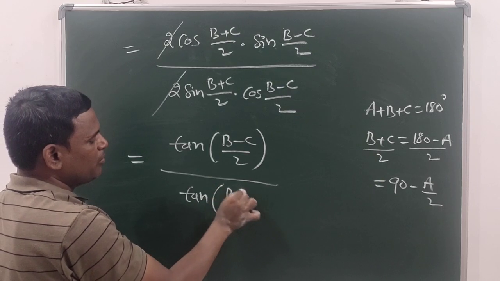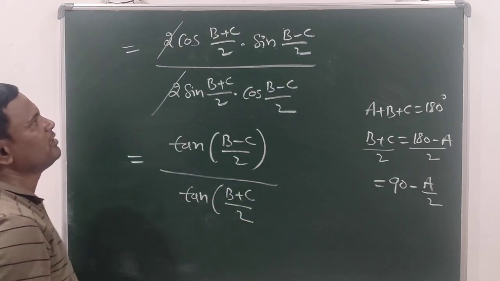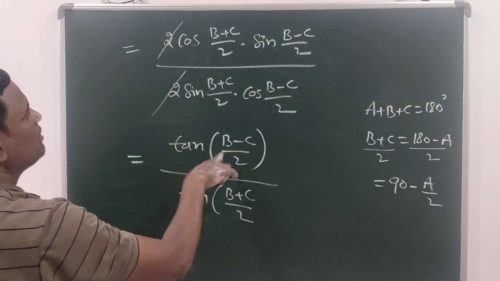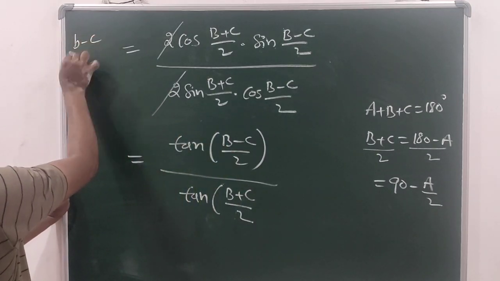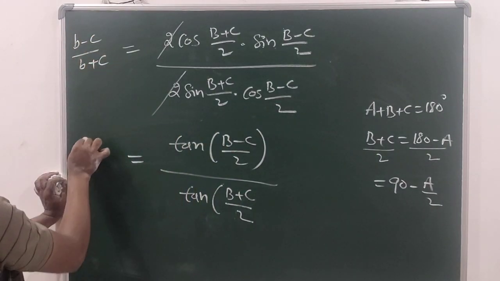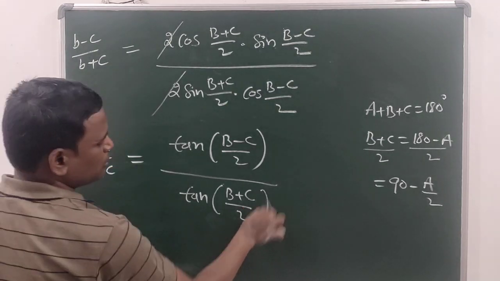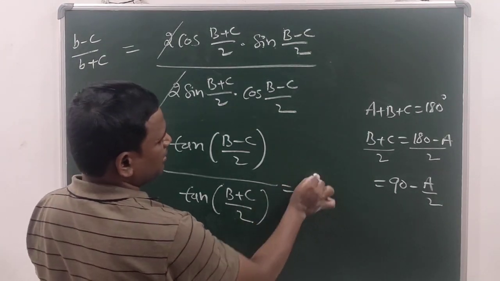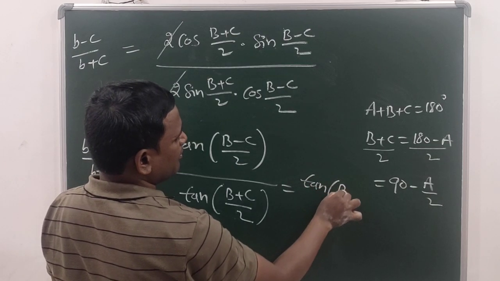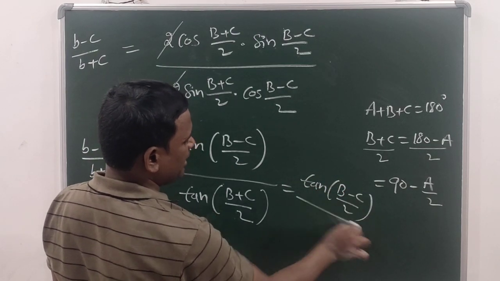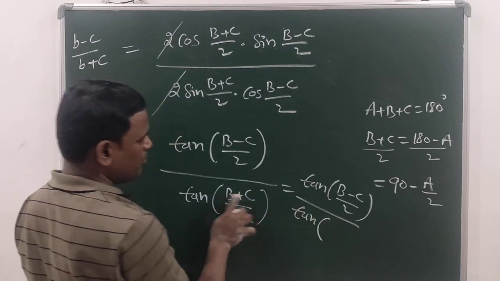Now tan of (B plus C) by 2 you will get... Actually, what are we simplifying? This value (B minus C) by (B plus C) is on the left side. So students, see here: tan of (B minus C) by 2 by tan of (B plus C) by 2.